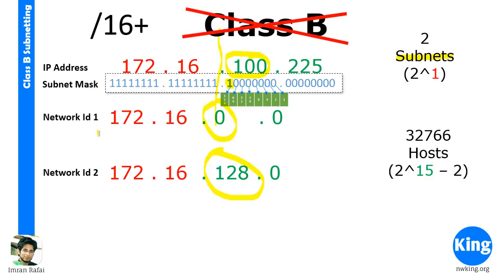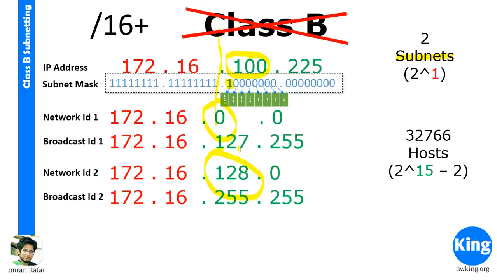How do we get the broadcast ID? Broadcast ID is 1 minus the next network ID. So 1 minus 128.0 is 127.255. Remember the digital clock. 1400 hours minus 1 second is 13:59:59.